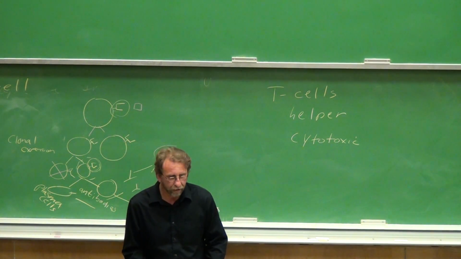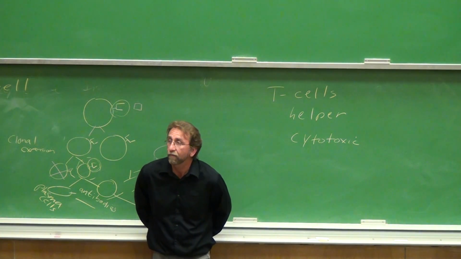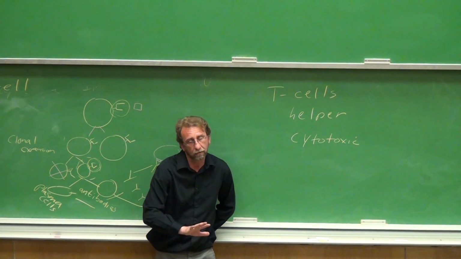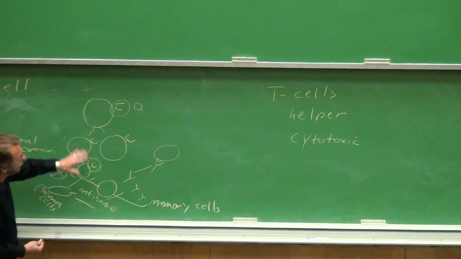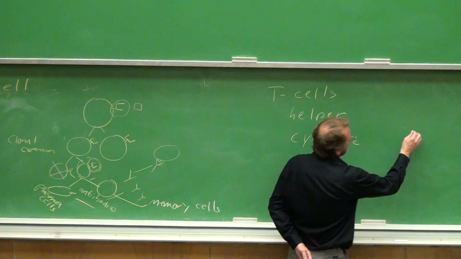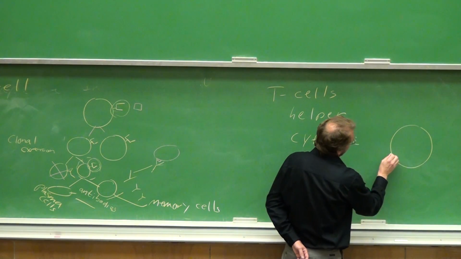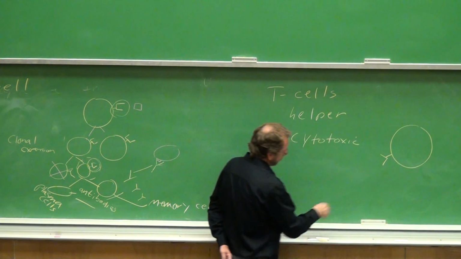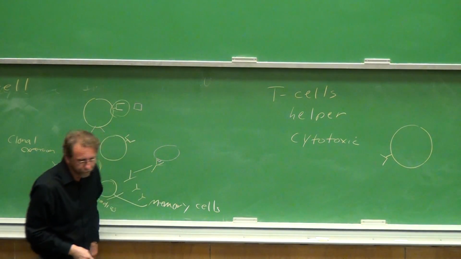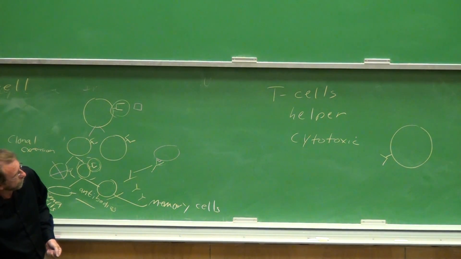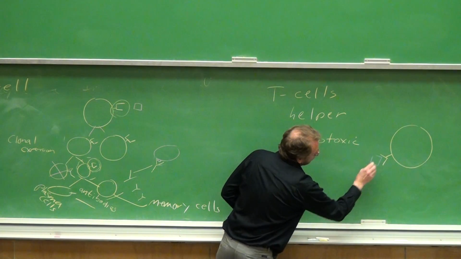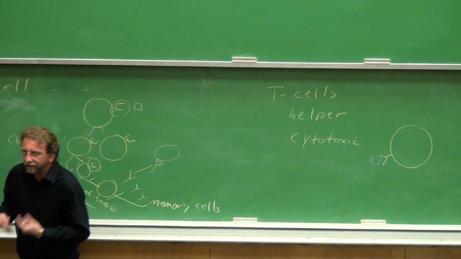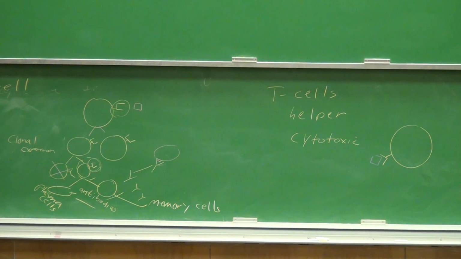If they've been presented with an antigen from a dendritic cell, and this antigen, just like with the B cell, has to match a specific surface receptor on the cell membrane of the T cell. So it's going to have to fit in here. The antigen that's being presented by the B cell has to match it.